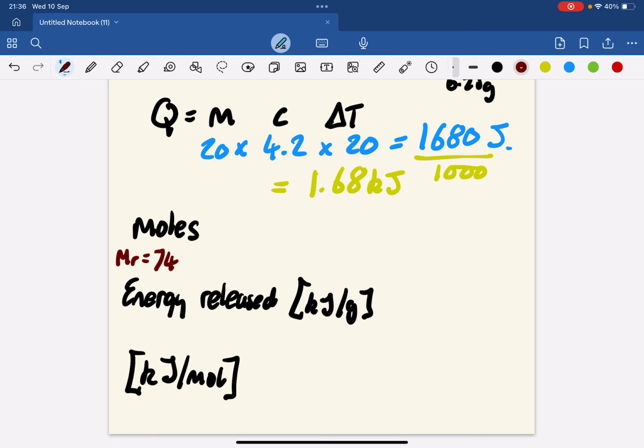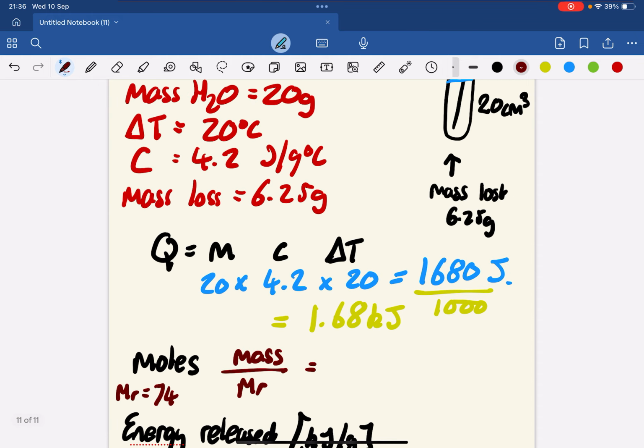To work out the number of moles, it's mass divided by MR. Again, that's a GCSE calculation.